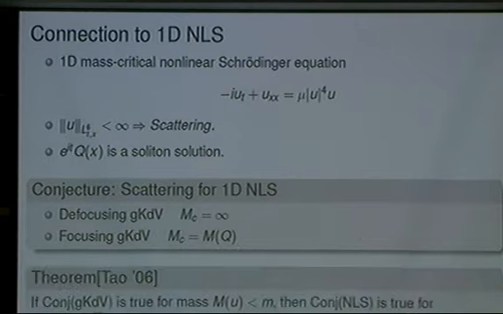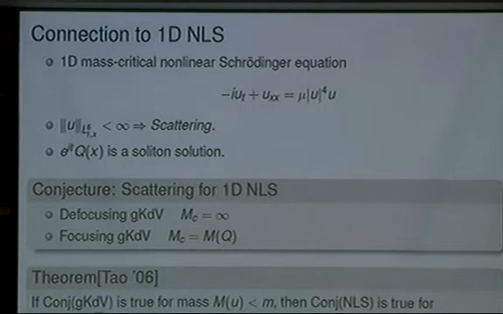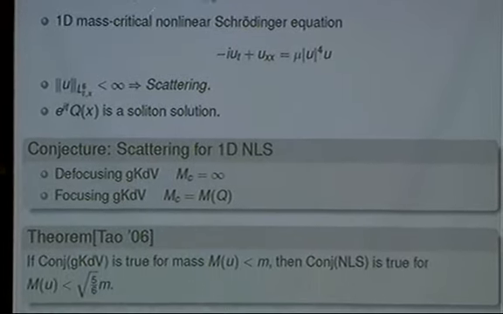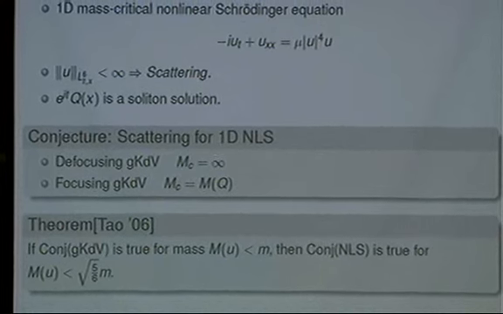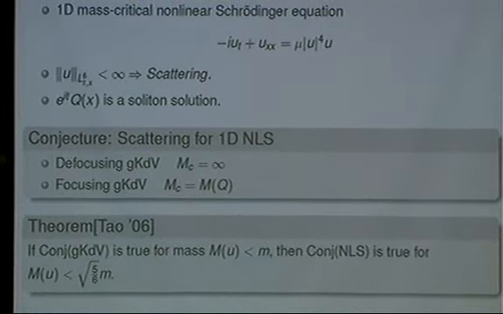Okay? And there is a theorem connecting the two scattering conjectures, for the 1D NLS and the mass critical generalized KdV, because both scattering problems are far from conclusion.